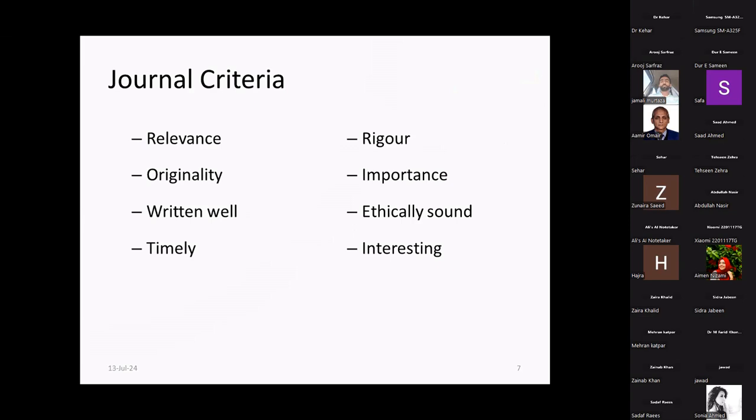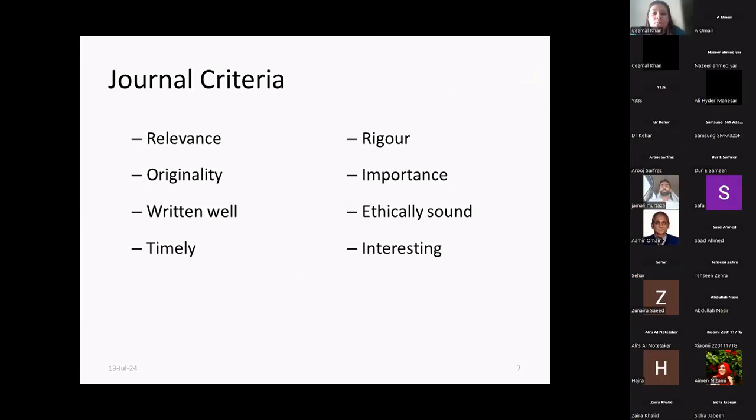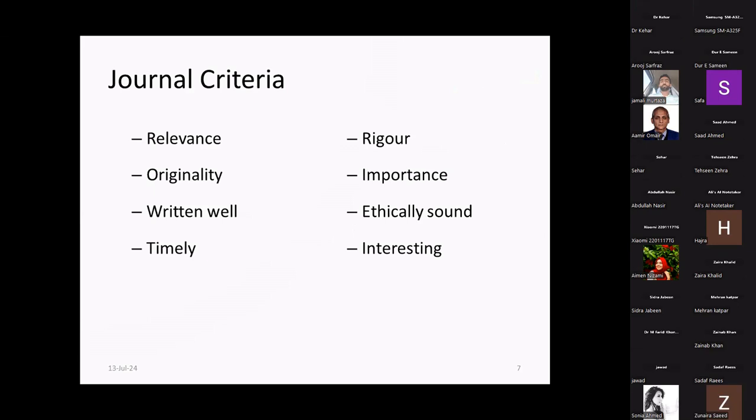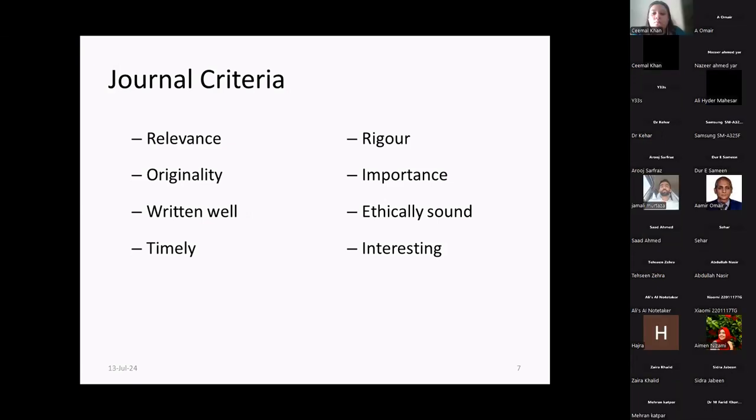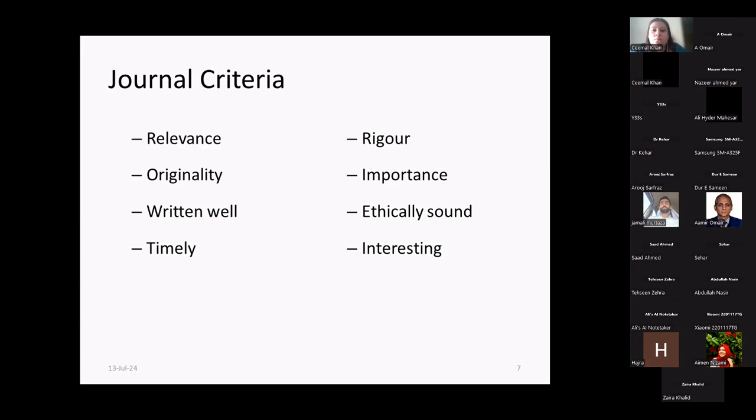Now here in Saudi Arabia, our students' first language is not English, so English writing always needs improvement. There are editing services available, or you can get it reviewed by some of your colleagues who may be better, or have it reviewed by someone. So make sure that it's written well.